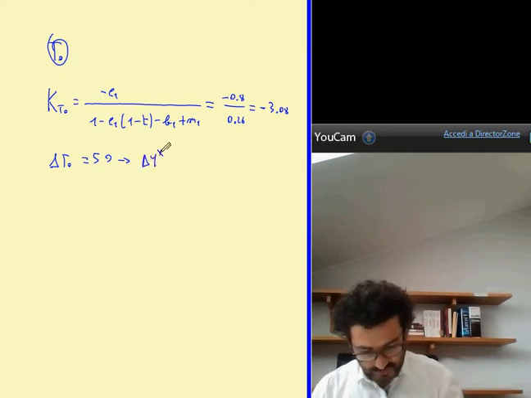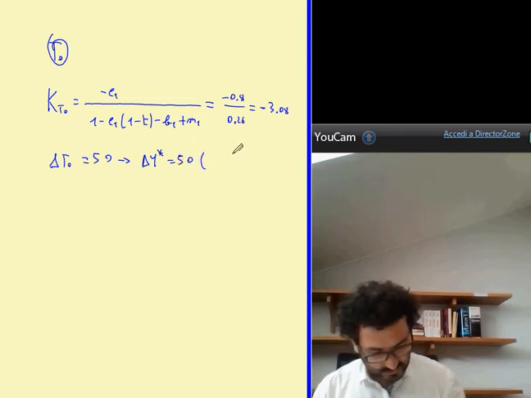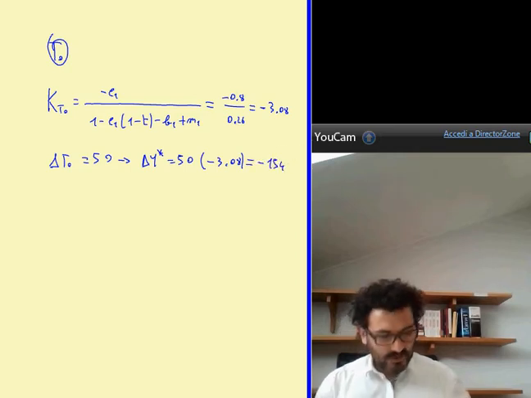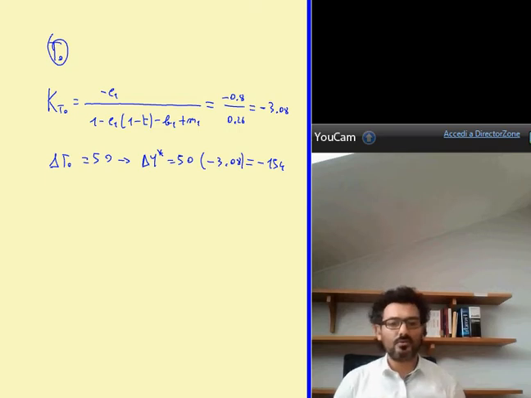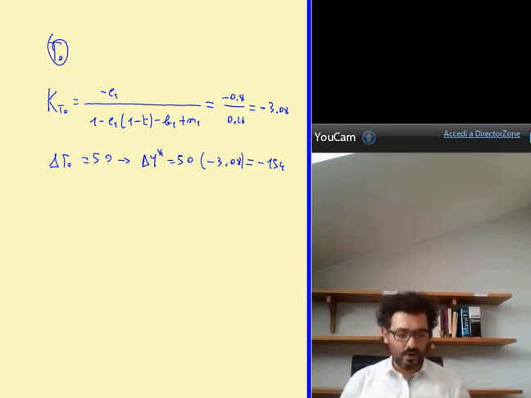The corresponding change in the equilibrium GDP would be equal to the change in taxes multiplied by the multiplier, which is negative, minus 3.08, and this is equal to minus 154, implying that the new GDP level will be lower in equilibrium with respect to the initial case, and the change will be negative and equal to 155.